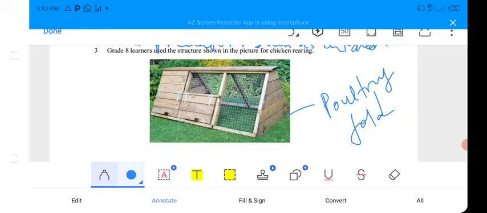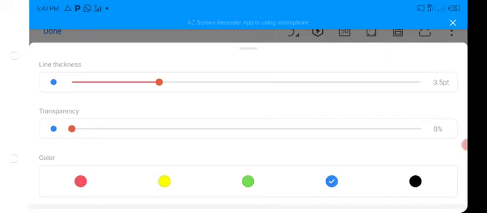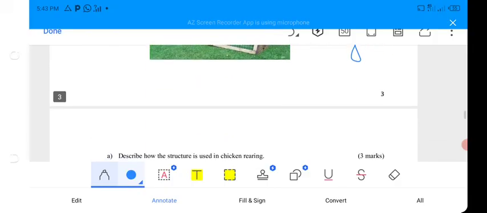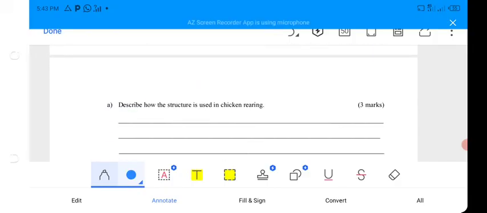Describe how the structure is used for chicken rearing. So the poultry fold, number 1, shelters the chicken.